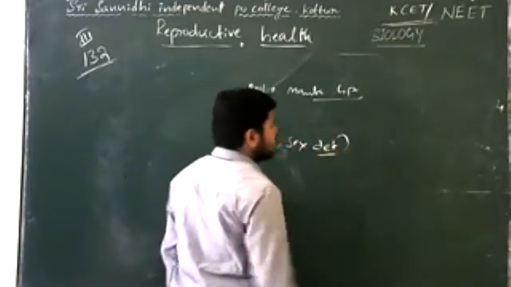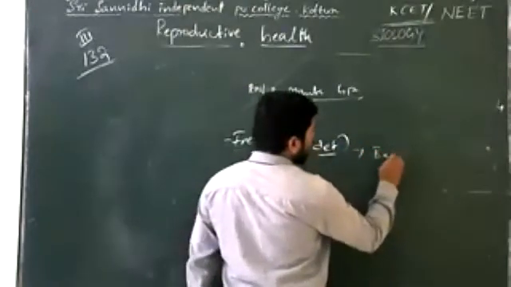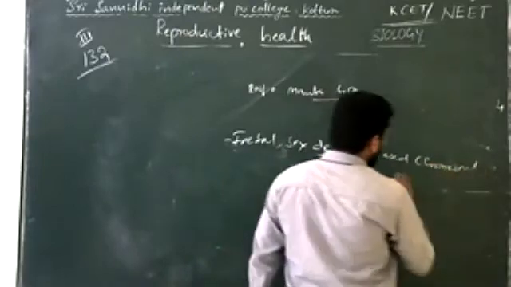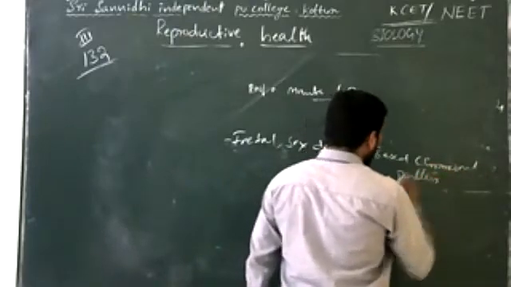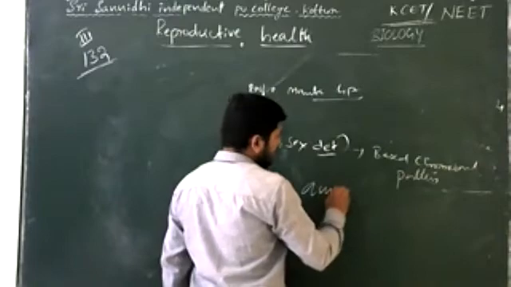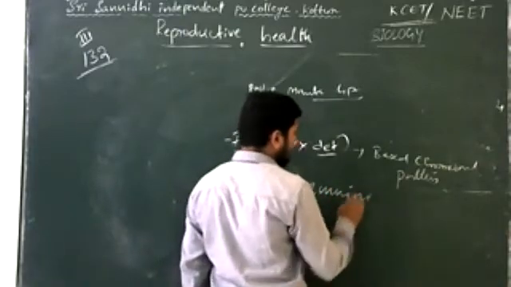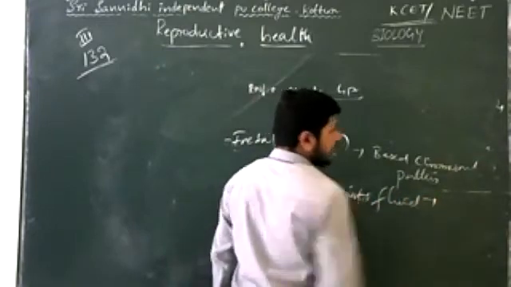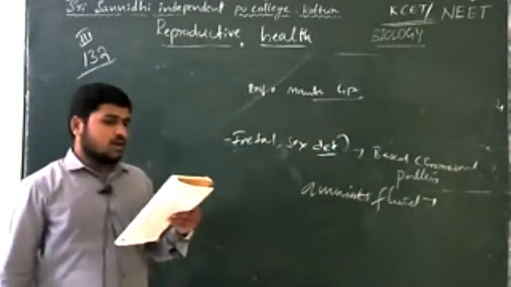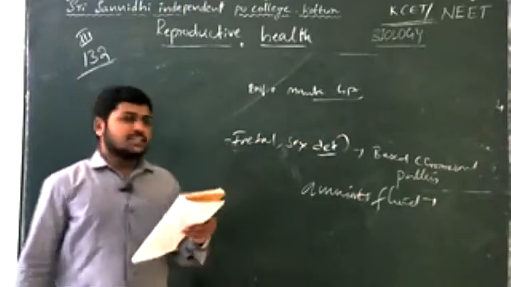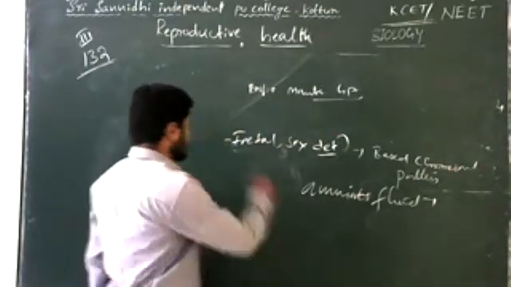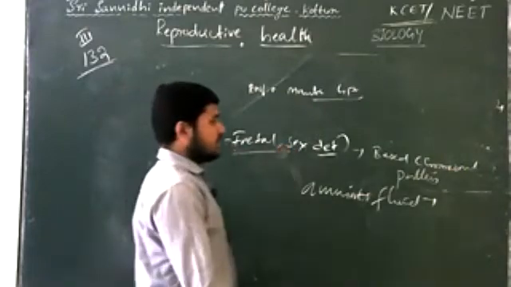Remember, based on what? Based on chromosomal pattern, by taking the amniotic fluid that surrounds the womb, the amnion. That's why it is a prenatal sex determination based on the chromosomal pattern.